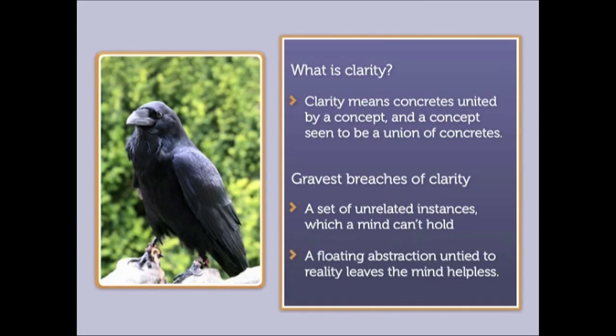The mind doesn't know what to do with it. These are the two things that leave the mind helpless, and I think those are the two things that people really complain of when they say it's unclear, I don't know what he's talking about. Now, there are other things, like uttering gibberish in general, your sentence structure being hopeless, or you're going much too fast, but within the ordinary norms of being clear, those are the two crucial things to aim for.